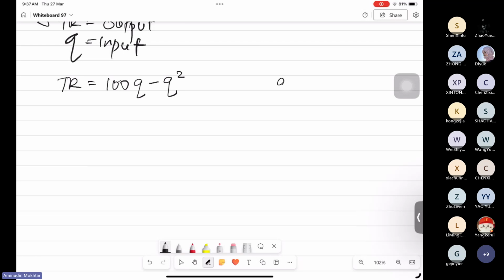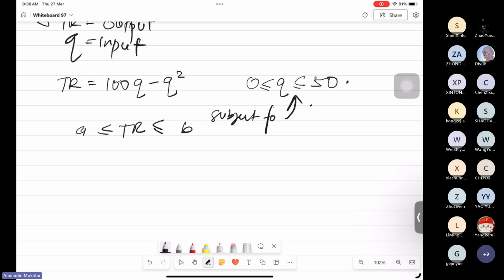And then we have a domain. Q is between 0 and 50. So what is range? Range means what is the value of TR? TR must also be between, let's say, A and B. A is the minimum value. B must be the maximum value of TR subject to the domain.